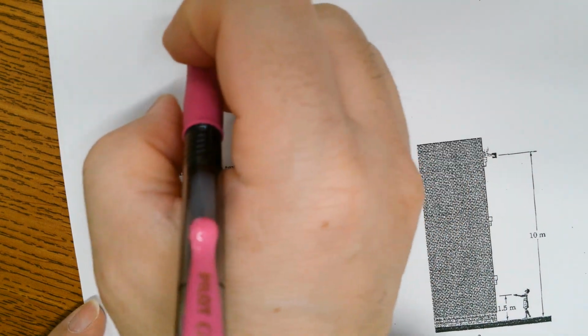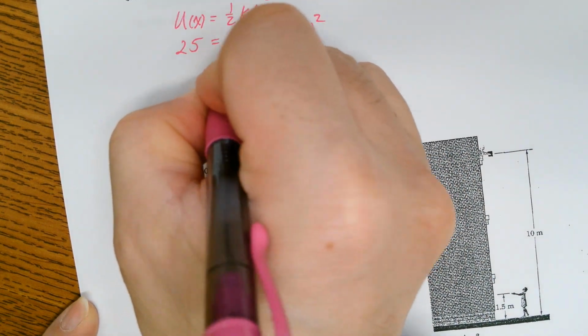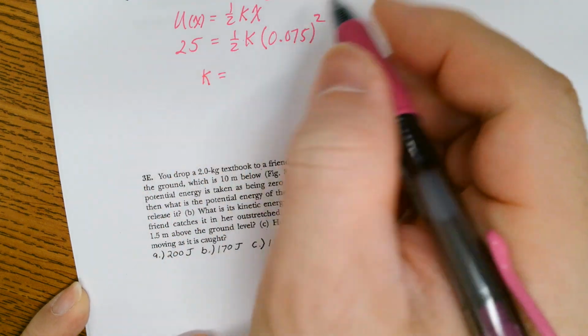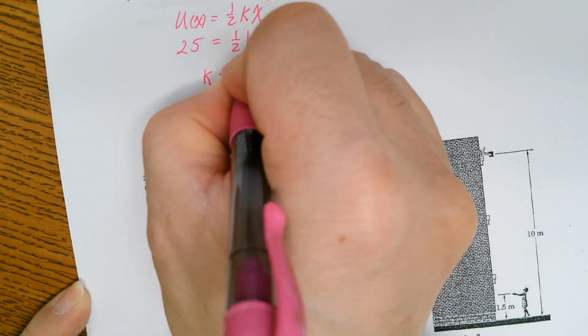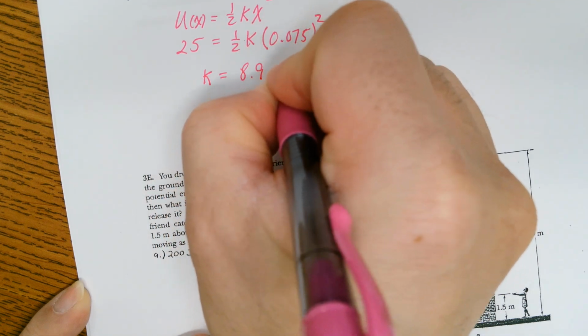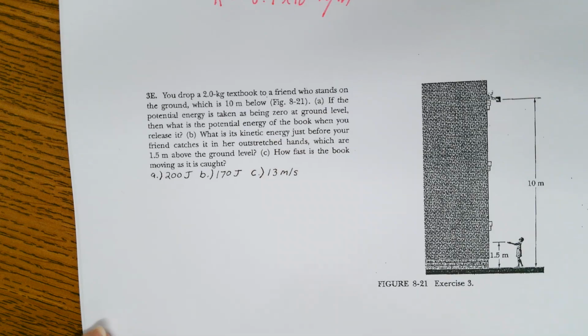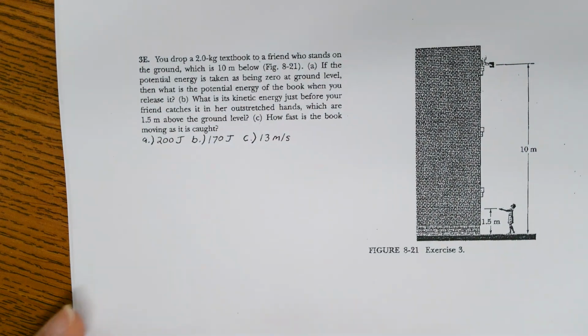If you work it out, I think you'll get your k value to be 50 divided by this squared, so it should be a big number: 8.9 times 10 to the third newtons per meter. So that should be easy. All right.